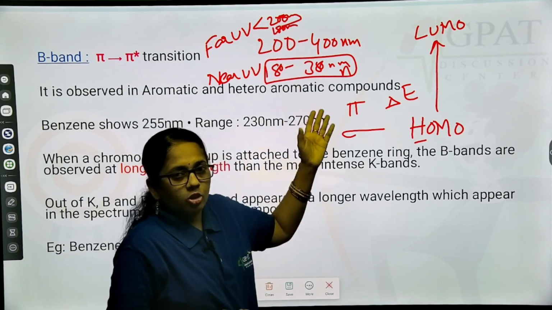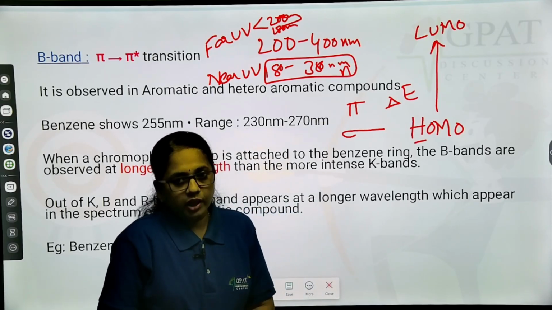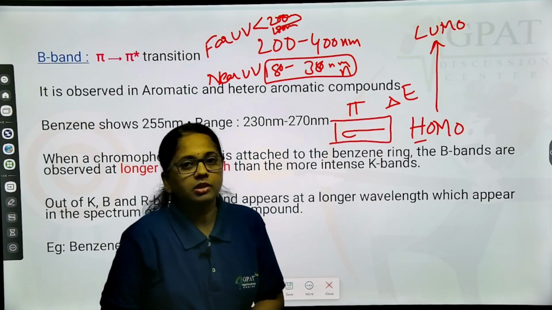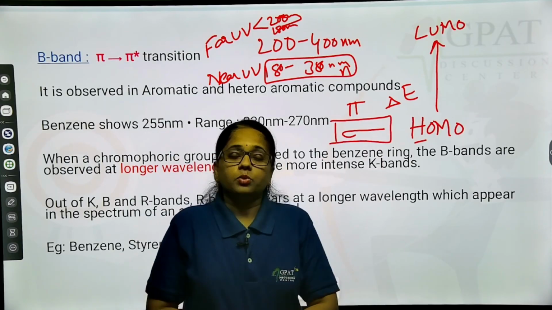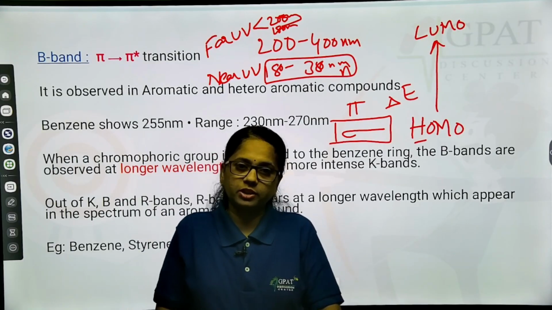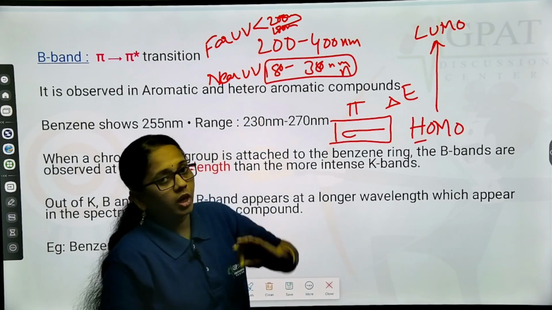So that is called the vacuum UV region or far UV region, where you are going to see most of the saturated compounds. That means the electrons which are binding with the sigma bonding. So saturated compounds face the electronic transitions in the far UV region.